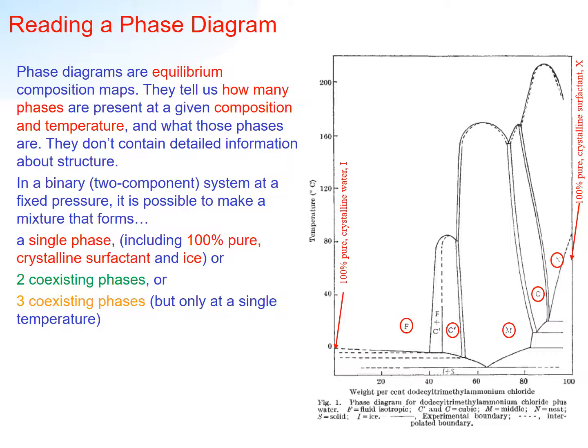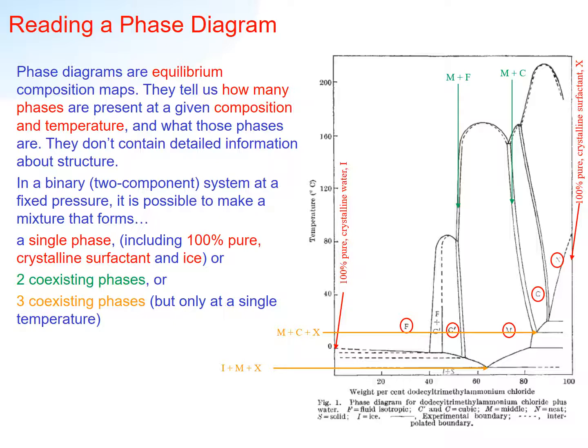There can also be two coexisting phases, and a few of these are shown here. Ice plus cubic phase, crystal plus the phase just labelled M, for example. Or there can be three coexisting phases, although these can only exist in a binary mixture at a single temperature. Again, we'll come back to that a little bit later.